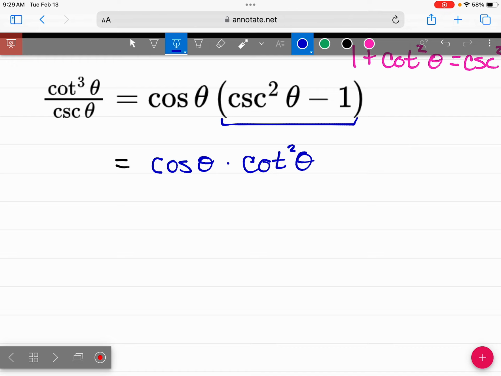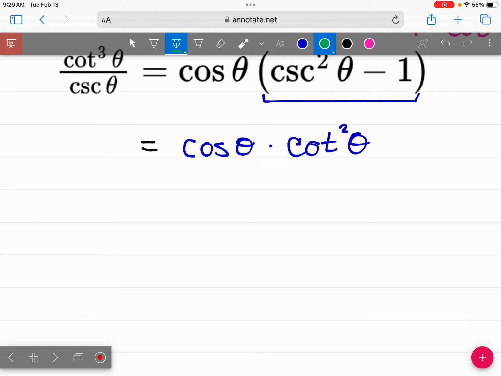So I'd like to get this cosine combined with my cotangent in some way, shape, or form. So let's maybe switch my cotangent into sines and cosines, because I'd like my cosine to join in the club somehow. So we have cosine theta times cotangent is cosine squared theta over sine squared theta.